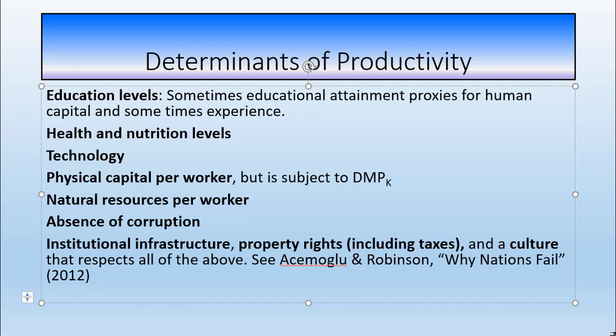In fact, the Congressional Budget Office, when they developed an estimate of the potential GDP growth, it's based off the Solow model. And what that Solow model did was it brought to light the fact that, look, it's not differences in physical capital per worker that explains the differences in productivity and growth.